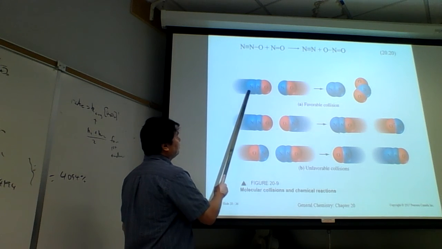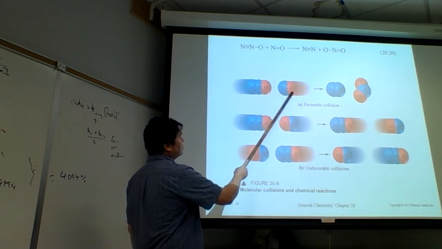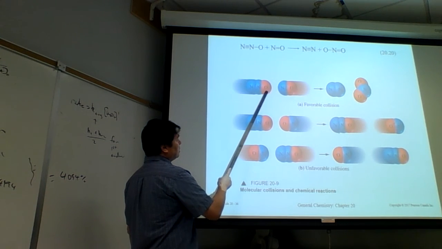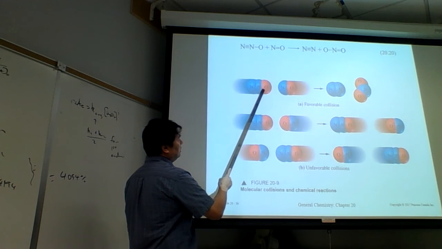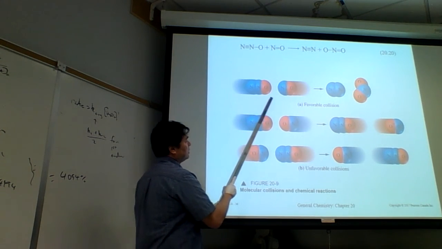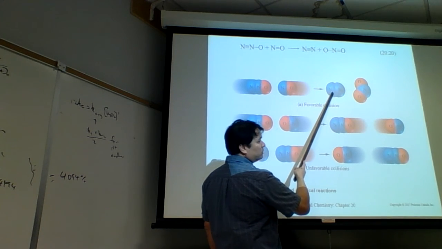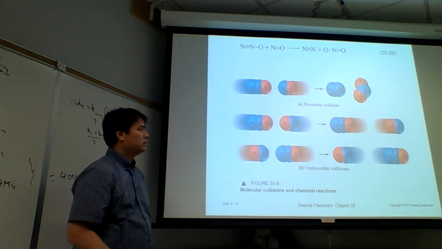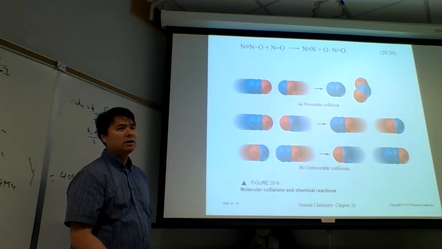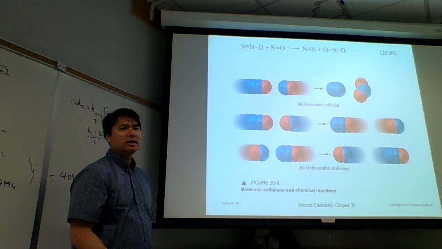This is a favorable orientation where we have nitrous oxide, N2O, reacting with nitric oxide, NO. The oxygen and nitrogen have to be pointed towards each other in this particular reaction. Then the collision breaks the bonds and forms new bonds, and we end up with NO2 and N2. However, if the two O's collide with each other, or if the two N's collide with each other, we don't have a successful reaction.